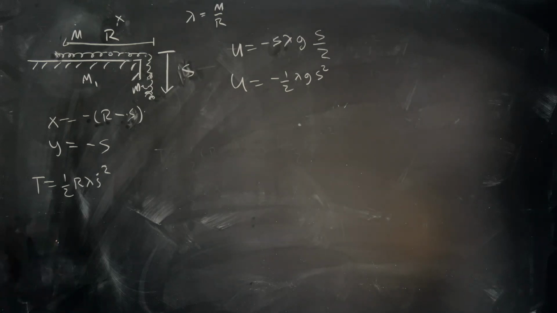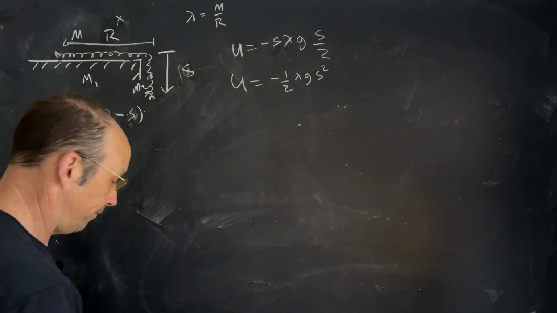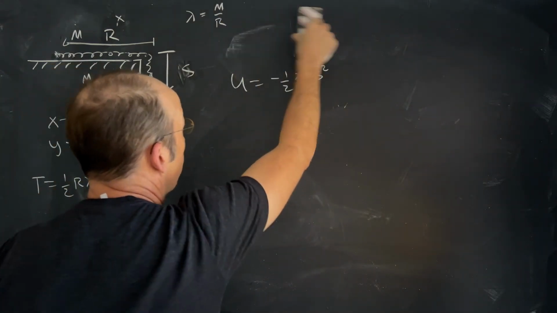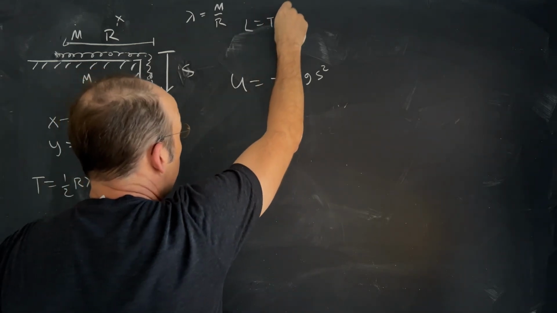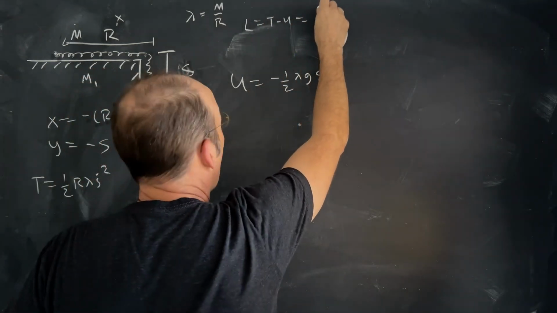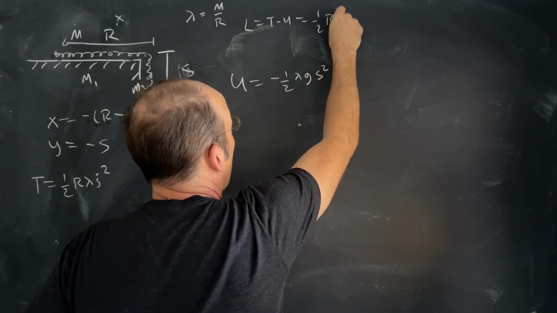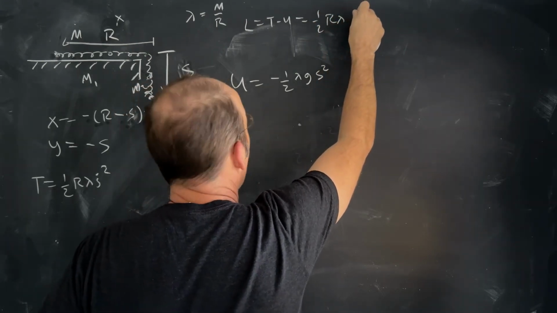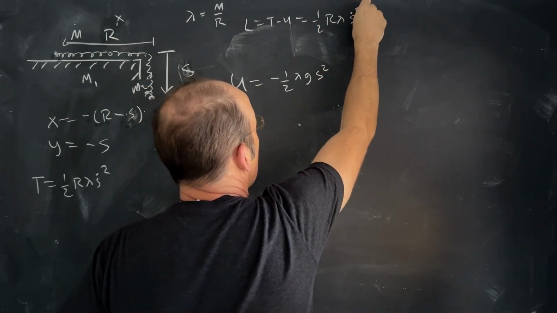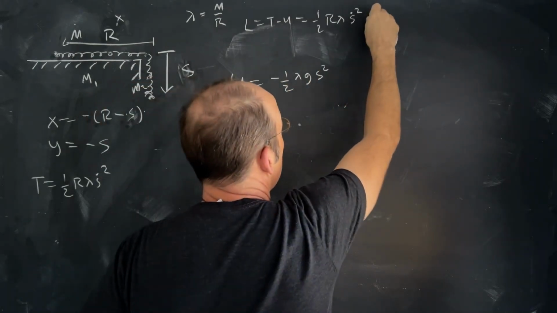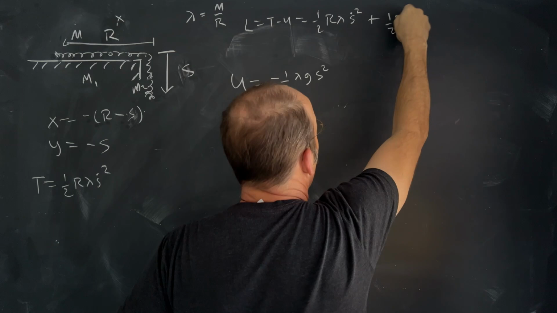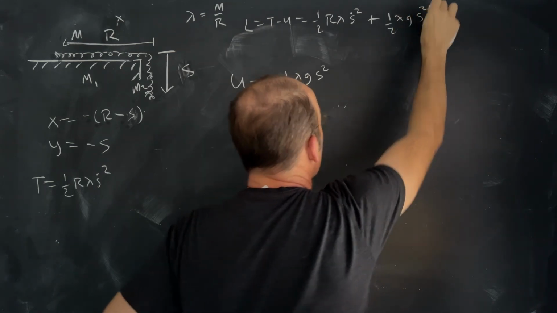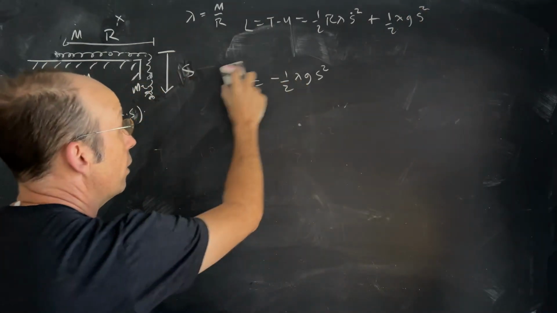So now I can put it all together with my Lagrangian, which I'll write up here so I have more room. L is T minus U, so it's going to be 1/2 r lambda s dot squared minus the potential, so plus 1/2 lambda g s squared. So now I have 1 degree of freedom.